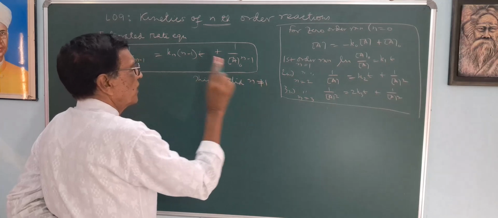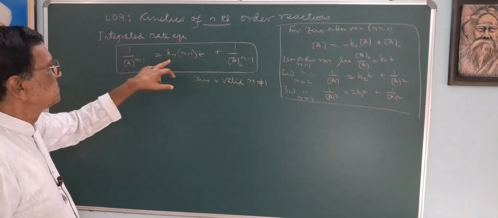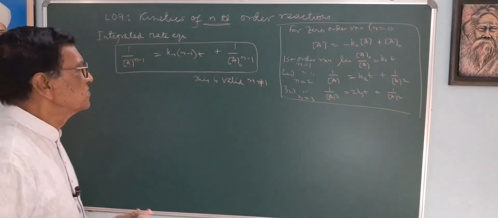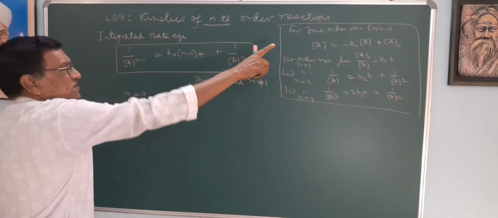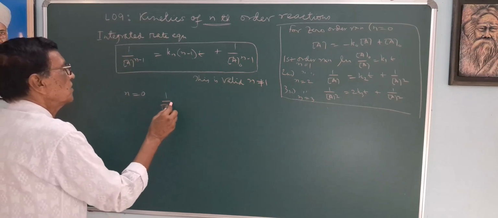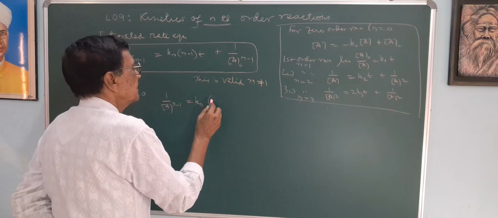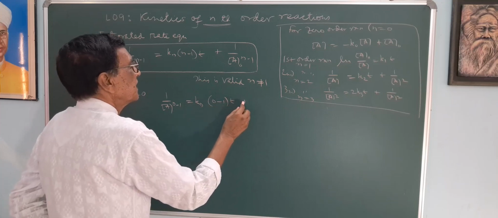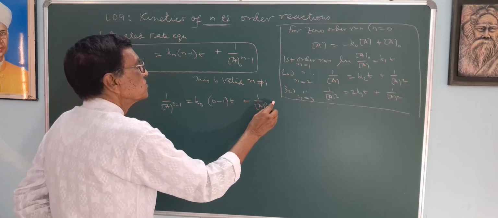for n not equal to 1. When n equal to 1, this becomes 0, and this is 1 and this one also 1. So if you like to put n equal to 0, then it becomes 1 by concentration of A to the power 0 minus 1 equal to K0 times 0 minus 1 T plus 1 by concentration of A0 to the power 0 minus 1.